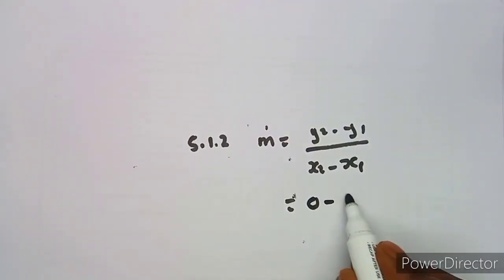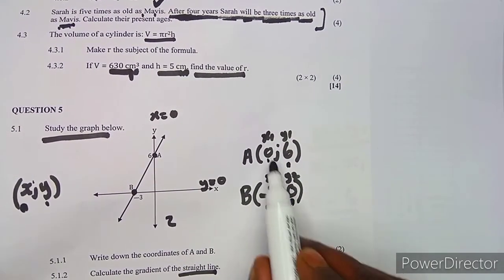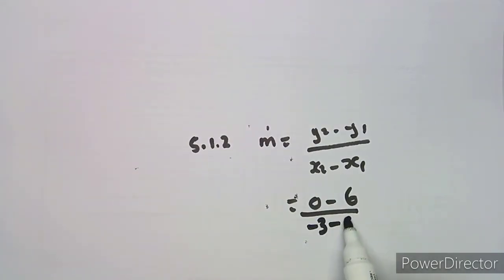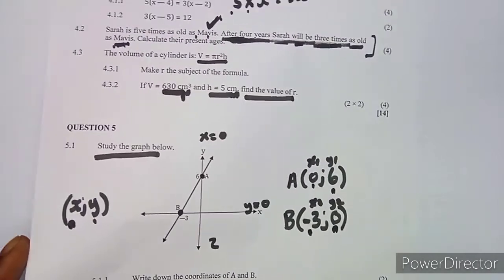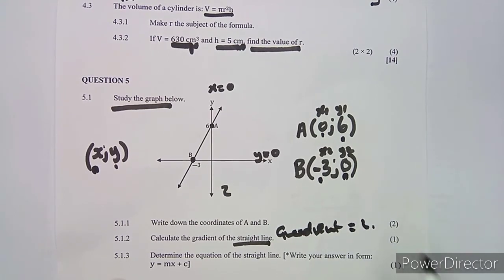So it's 0 minus 6 over x2 minus x1, which is minus 3 minus 0, like this. So definitely this is going to give you a 2. That is your gradient. All right, so in this case our gradient is 2.